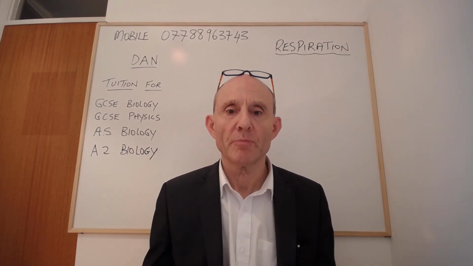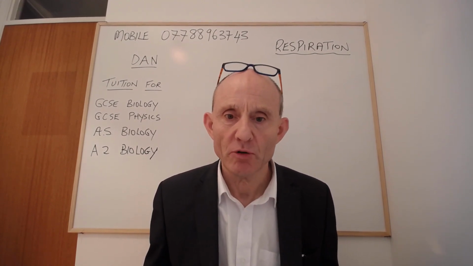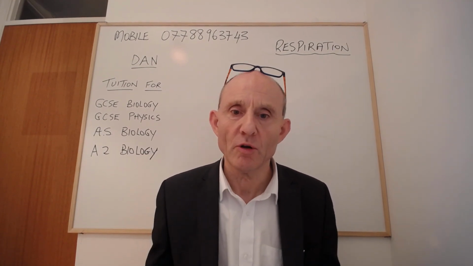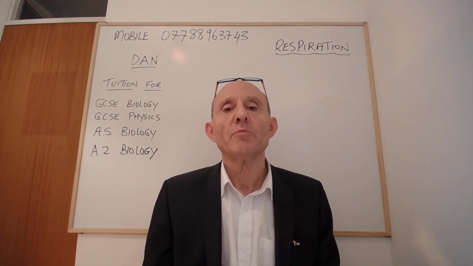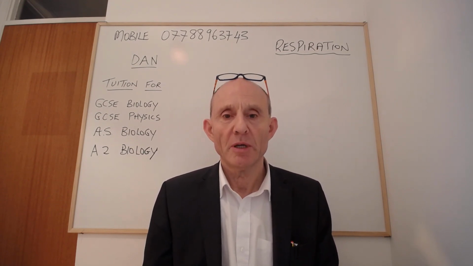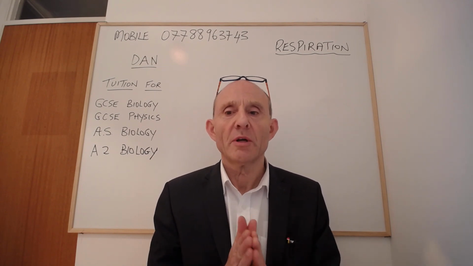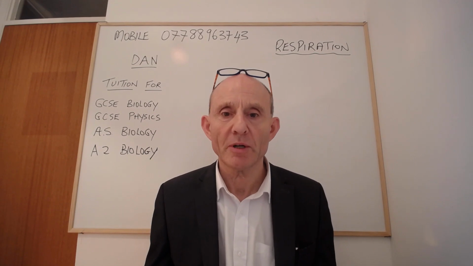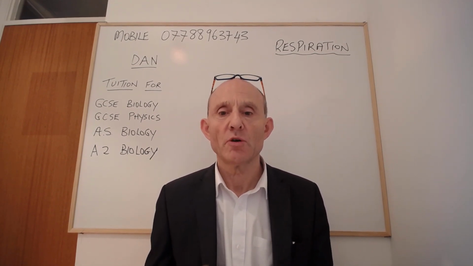So you've used up 2 in the first step, but in the last step, you make 2 ATPs in each of the 2 steps, because you're getting 2 pyruvates, and that's a total of 4 ATPs. So the overall production of ATP for glycolysis is 2 used up at the start, 4 made at the end, overall plus 2. So glycolysis gives you 2 ATPs.